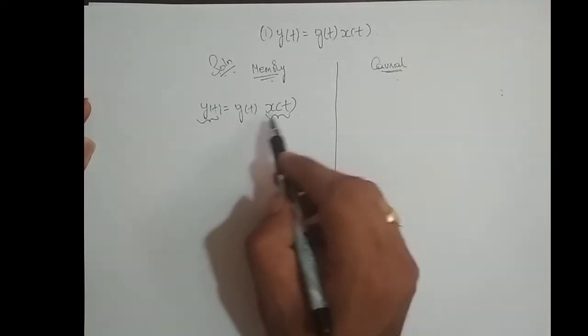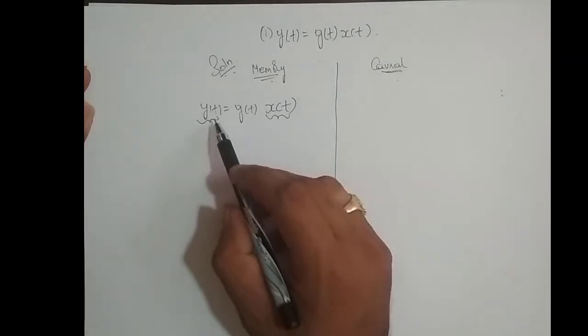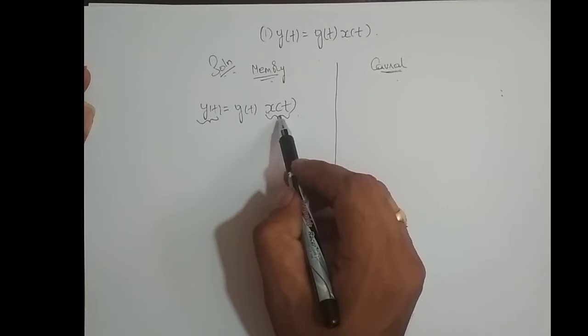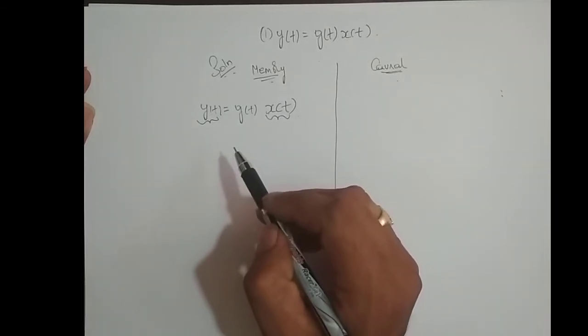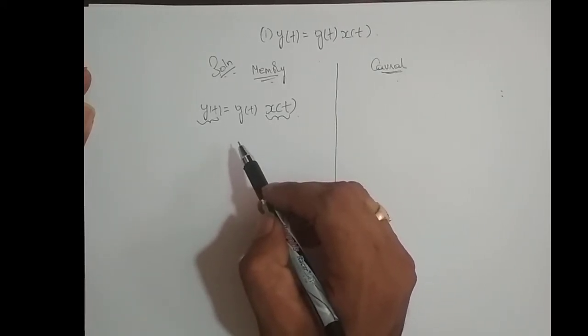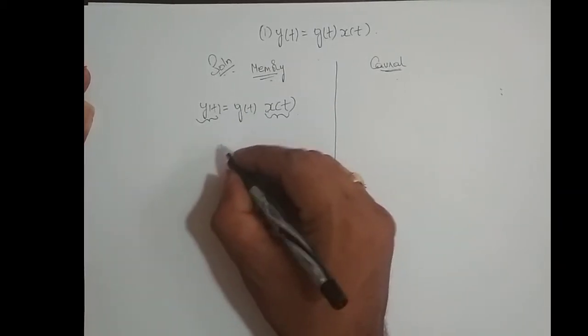Again output depends upon the present input value. So whatever the value of t we put, present output depends upon present input value. If the present output of a system depends upon present input value, then what do we say? The system has no memory.